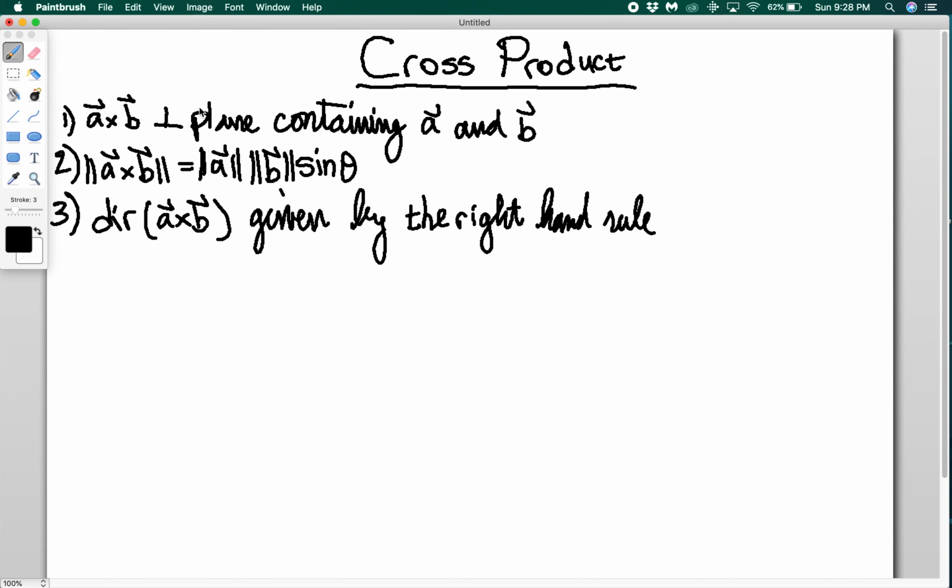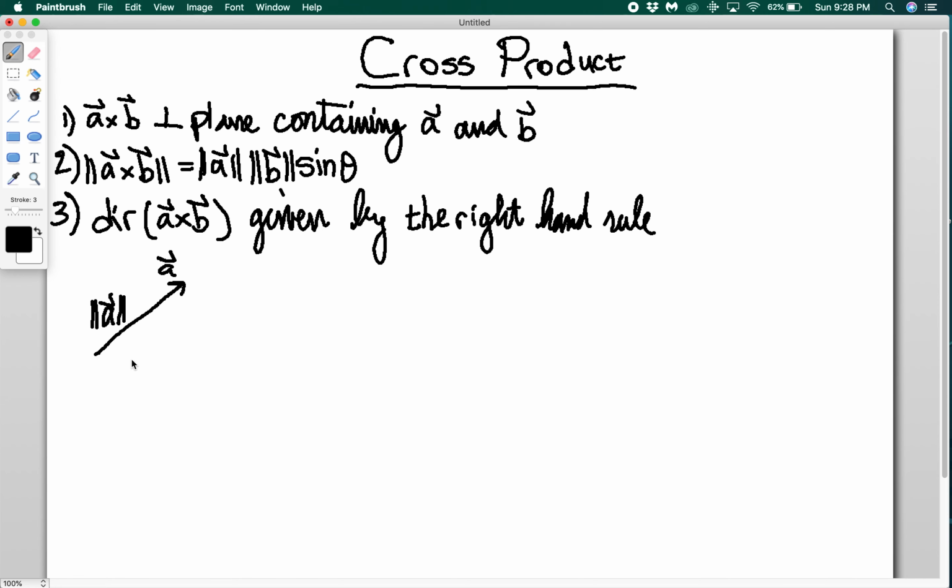Because I can generate two vectors that are perpendicular to the plane. If my plane is the xy plane, one in the positive z-hat direction, one in the negative z-hat direction. But which one is it? Well, we always choose right-handed coordinate systems, so it's always going to be given by the right-hand rule.